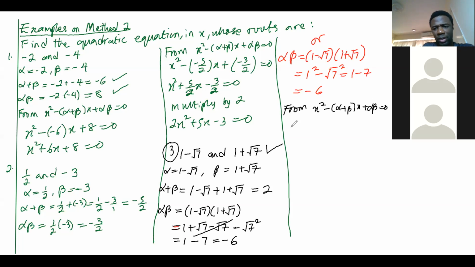So we're going to have x squared minus, alpha plus beta is 2, so there's no need for bracket, plus alpha beta, which is negative, so there is need for brackets here. Then it will be x squared minus 2x minus 6 equals 0.